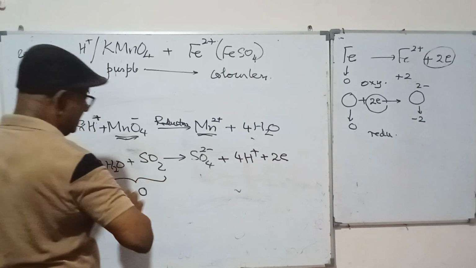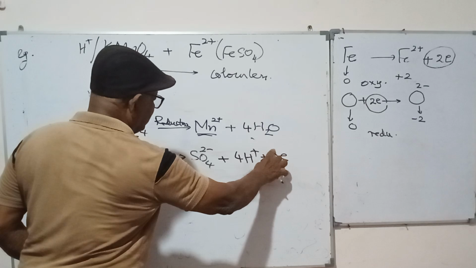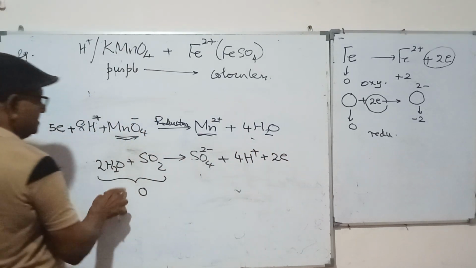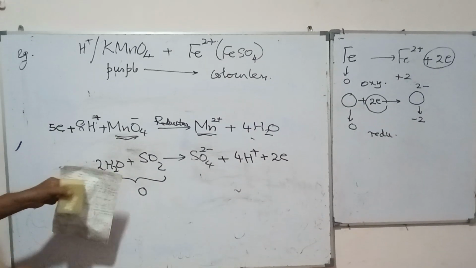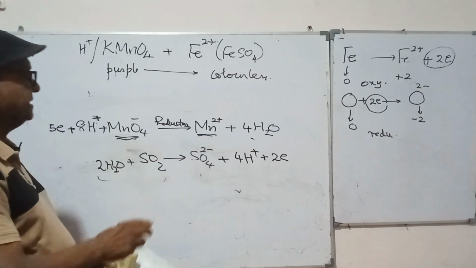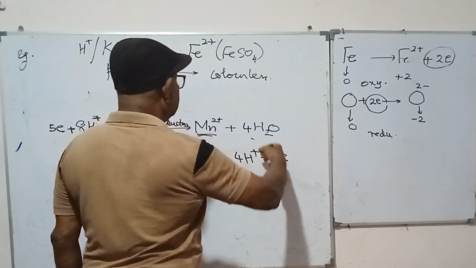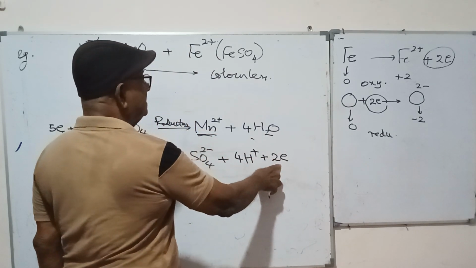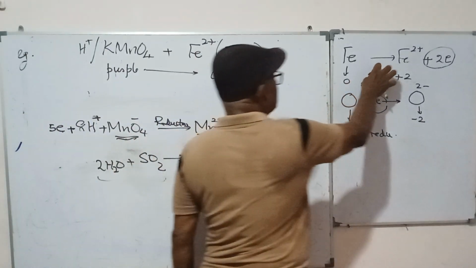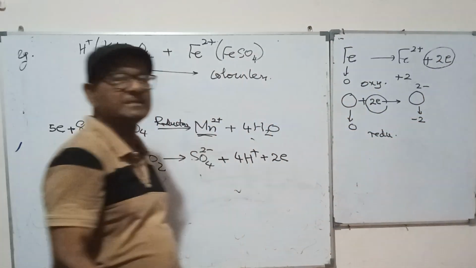Then 2 minus, electrons also 2 minus, 4 plus, 4 minus, 4 plus, no charge, no charge. See here, in this case also occurs the addition of electrons to the product side, right side, because it is an oxidation. Oxidation, we have to add electrons to the product side.